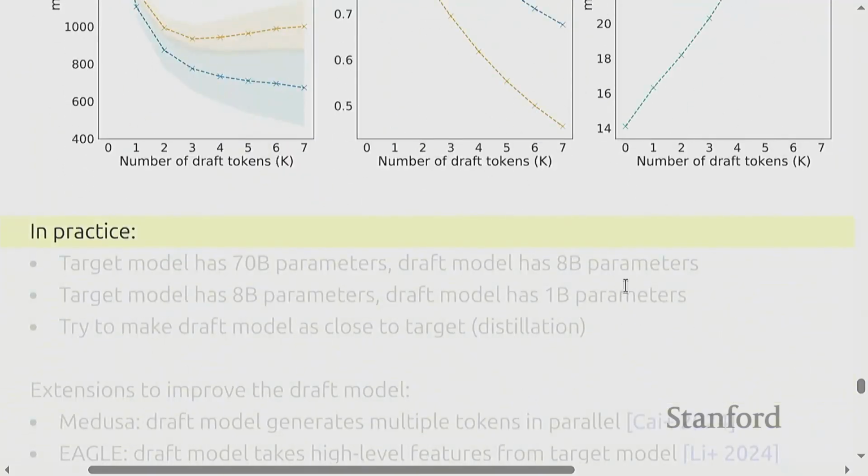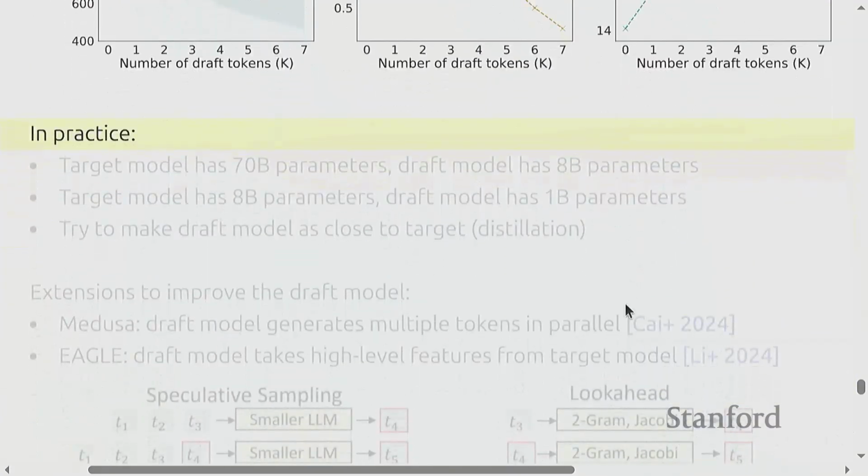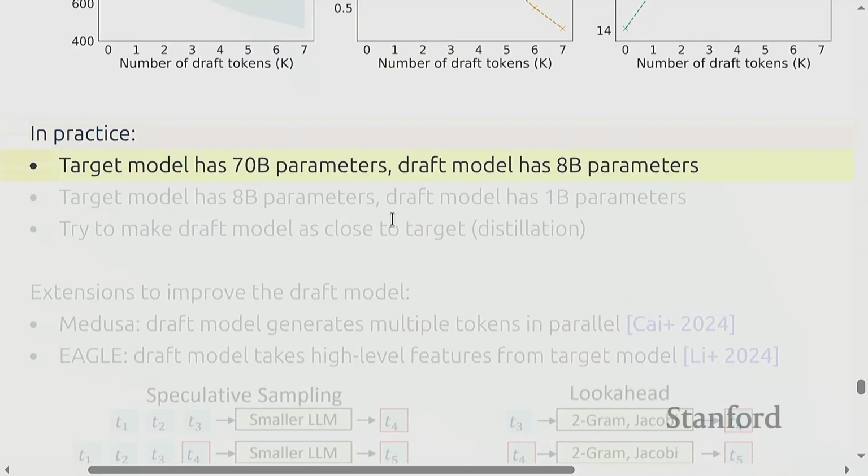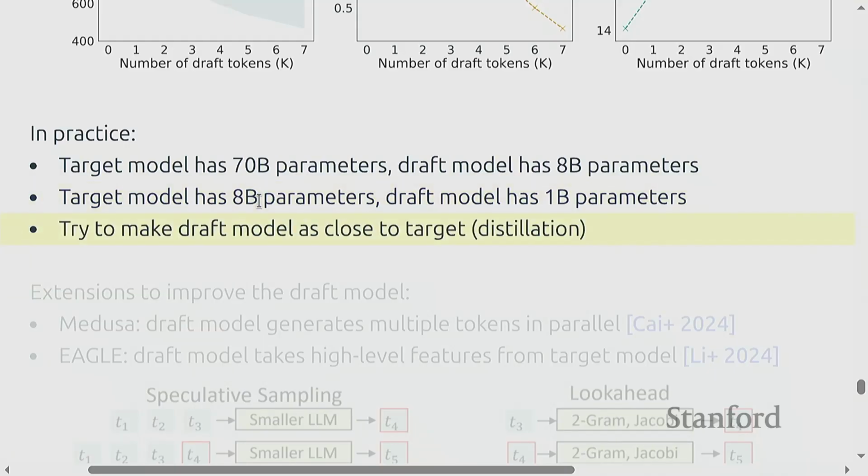So in practice, you have something like a 70B model, and your draft model is much smaller. If your target model is 8B, then your draft model might be 1B. You generally want to make the draft model as close to the target as possible, so if you're doing some distillation, that could make it even better.